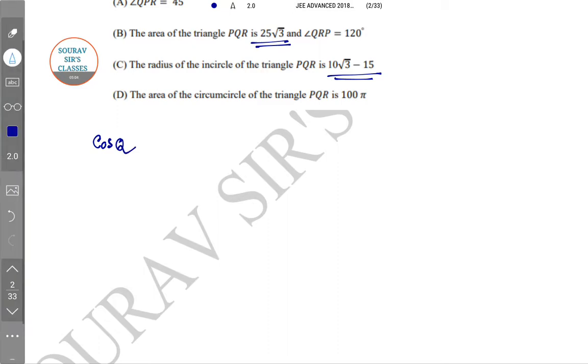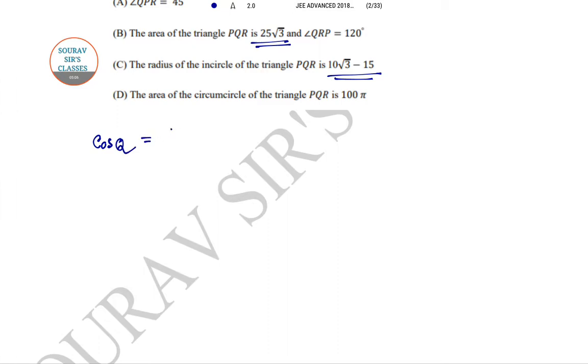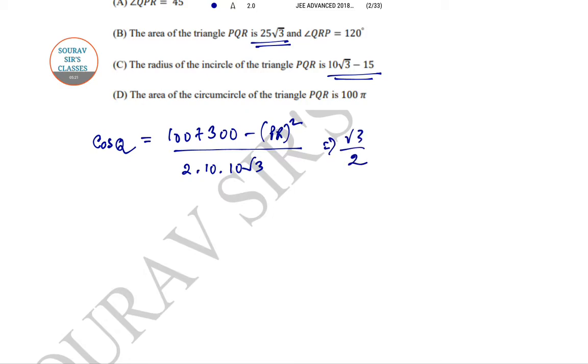So cos Q is (100 plus 300 minus PR squared) over (2 times 10 times 10 root 3), which is equal to root 3 by 2. We just solve it, cos 30, so PR will come 10.